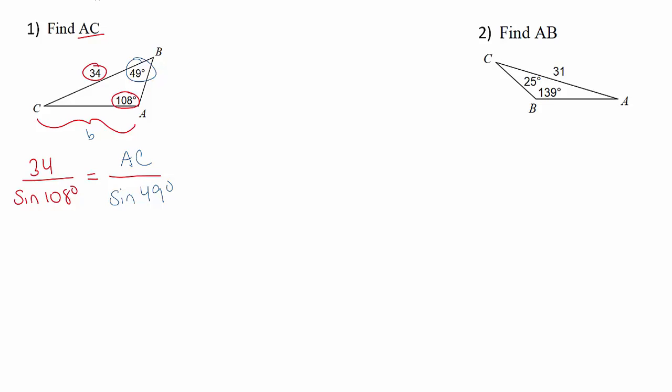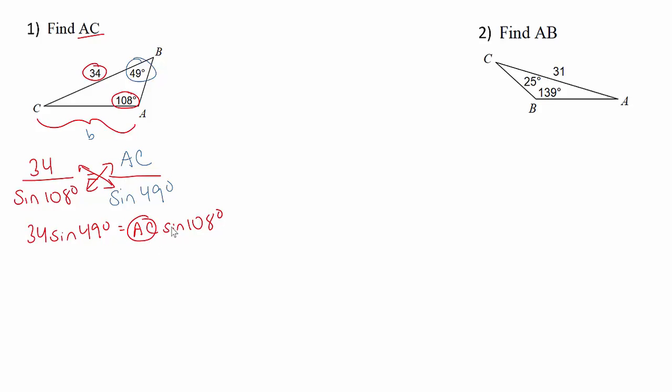So now we need to solve that. The easiest way is we're going to cross multiply. So I'm going to do 34 times sine of 49 degrees, which is going to look like this. And I'm going to do side AC, if that's what I called it, times the sine of 108 degrees. Now remember, this is what I want to solve for.